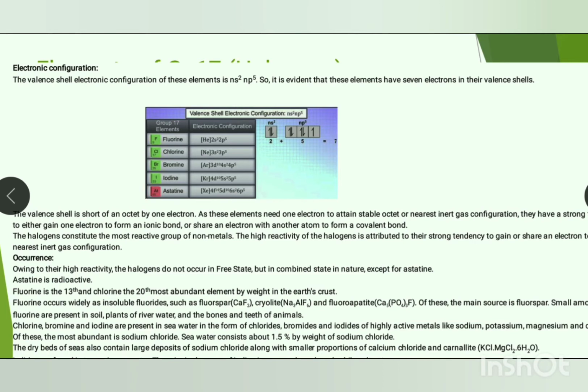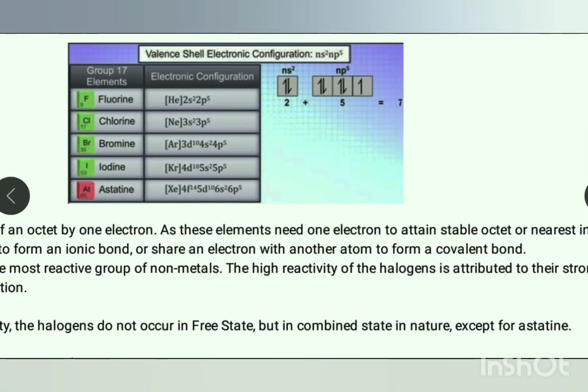NaCl, sodium chloride, the common salt, is most abundantly found in seawater, about 1.5%. The general electronic configuration for group 17 elements is ns2 np5, as given in the table for fluorine, chlorine, bromine, iodine and astatine.